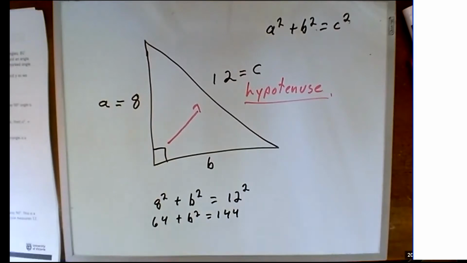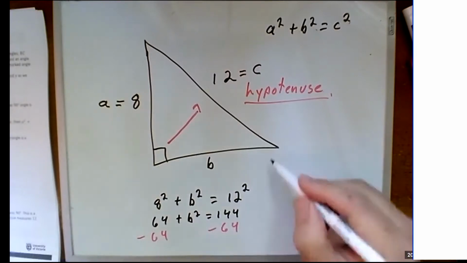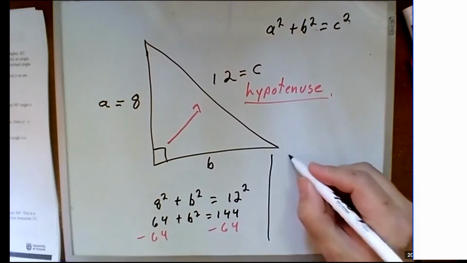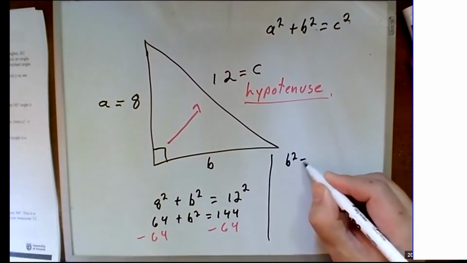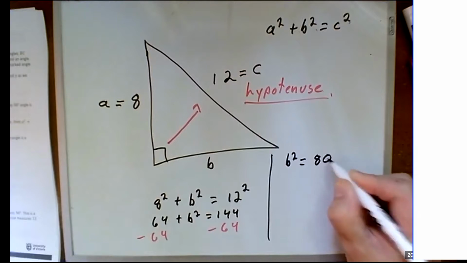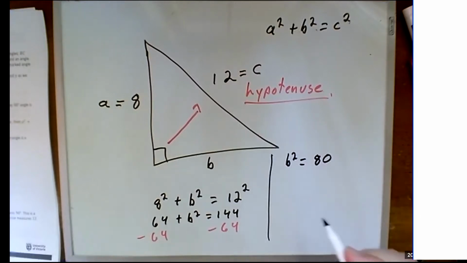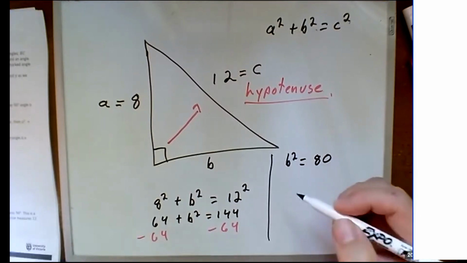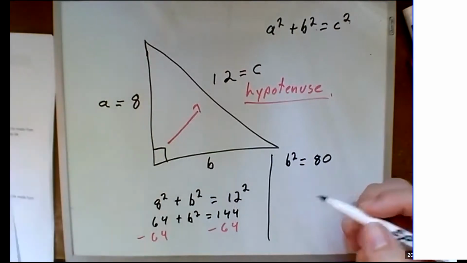We subtract 64 from both sides. And that tells us that b squared is equal to 80. Have I done that math correctly? Pretty sure. Yep.